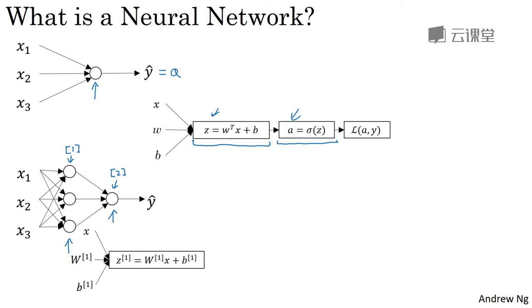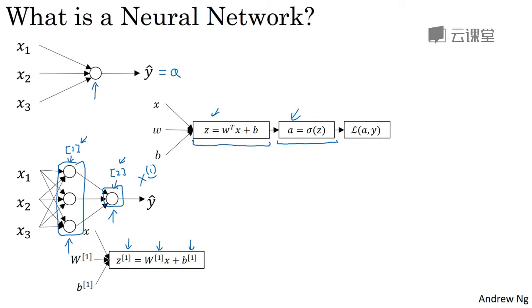The superscript square brackets, like we have here, are not to be confused with the superscript round brackets, which we use to refer to individual training examples. So whereas x superscript round bracket i refers to the ith training example, superscript square bracket 1 and 2 refer to these different layers, layer 1 and layer 2 in this neural network.